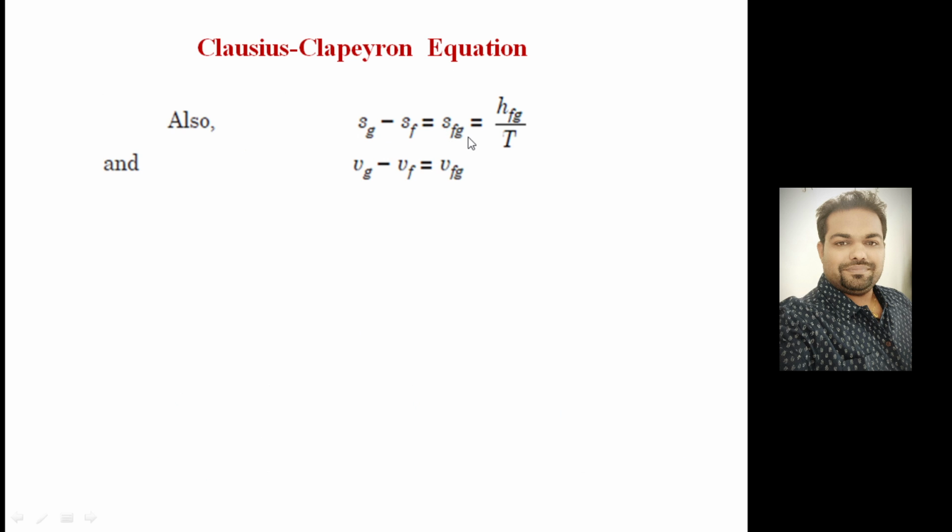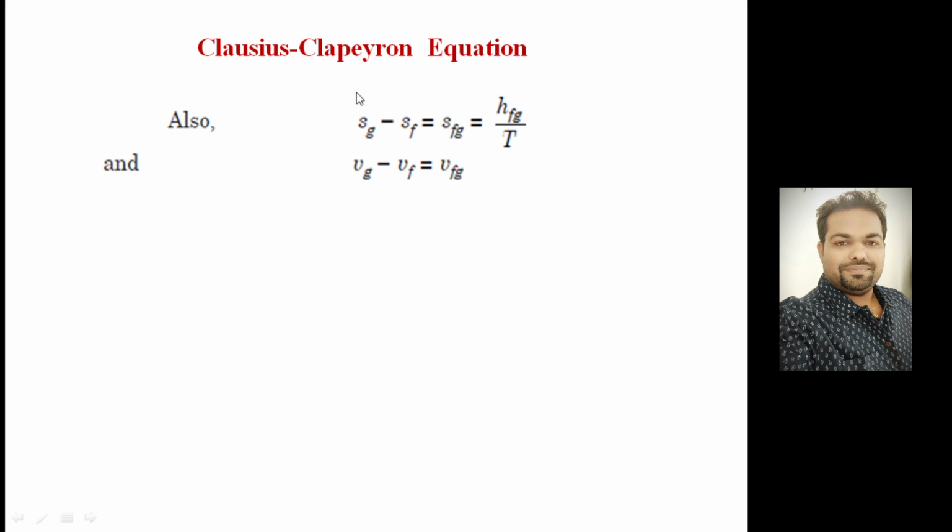But we know that Sfg, when you are going to find out the entropy change for a phase change evaporation process, is nothing but enthalpy of evaporation divided by T, because this process occurs at constant temperature. So the entropy change you are calculating is based on a constant temperature process. So Sg minus Sf, that is nothing but Hfg divided by T, and Vg minus Vf is Vfg.